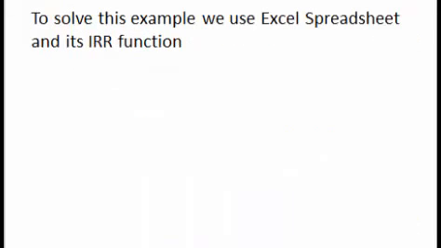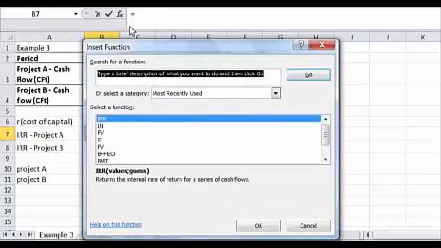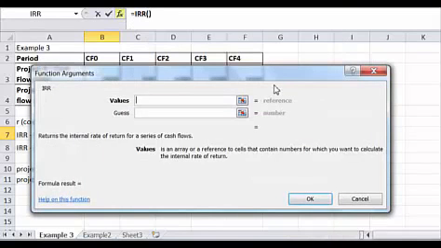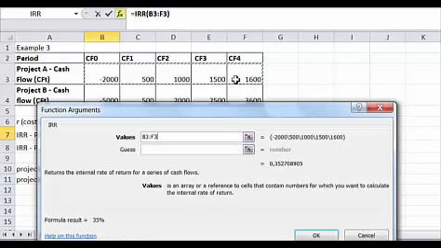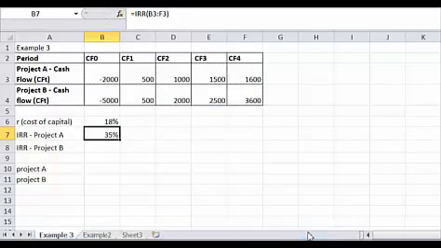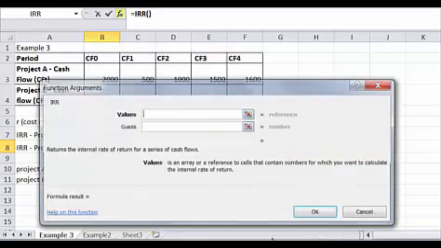To solve this example, we use Excel spreadsheet and its IRR function. In order to find internal rate of return of both projects, we need to use IRR function in Excel file, where we insert the values of the cash flows of Project A and the values of cash flows of Project B.